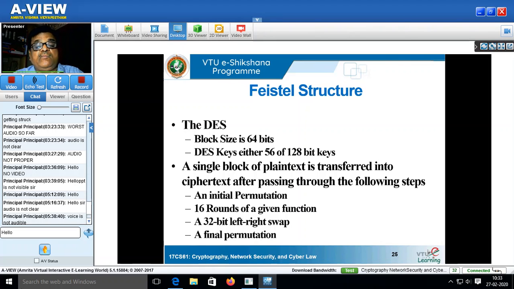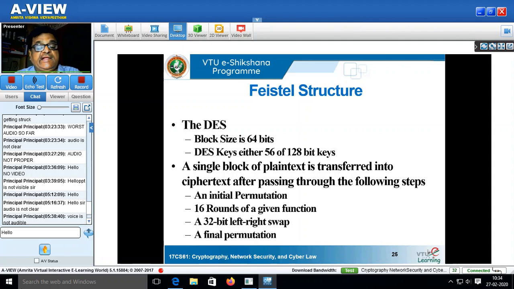A single block of plain text is transformed into ciphertext after passing through the following steps: an initial permutation, 16 rounds of a given function, a 32-bit left-right swap, where the 64-bit input we are splitting into 32-bit left and right.